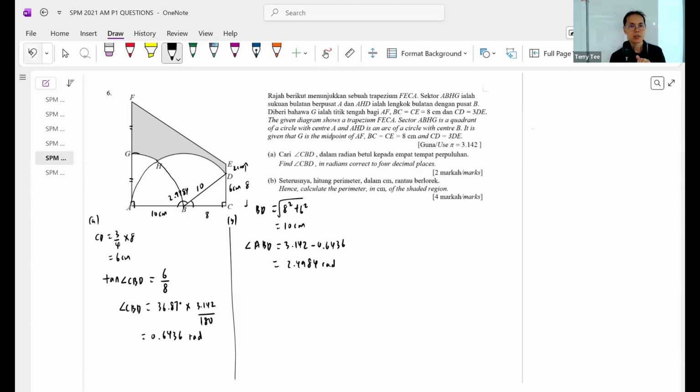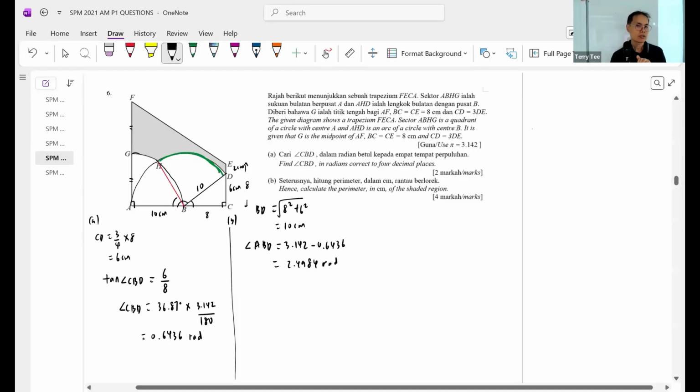But the thing is, guys, we cannot use the whole thing. Because if you're finding the perimeter, I want to focus on the green arc. This is the green arc here, so you need to minus this part here. Very annoying. Now, what is this angle ABH? You join this together. Okay, I use a red color pen.